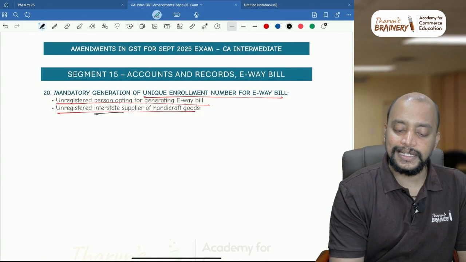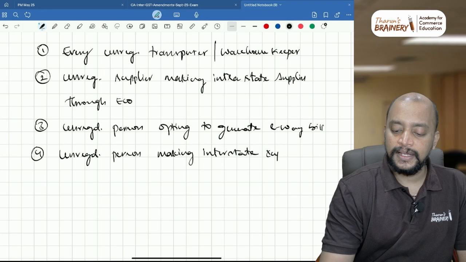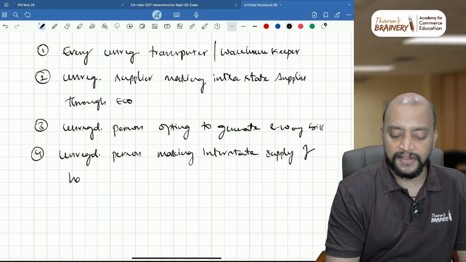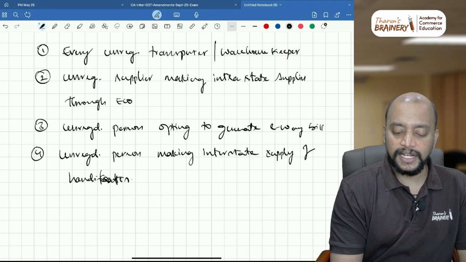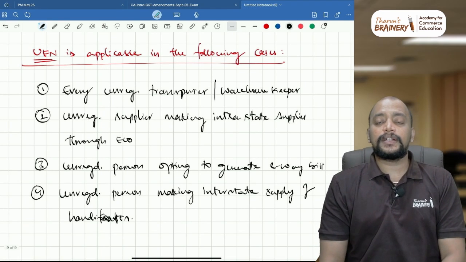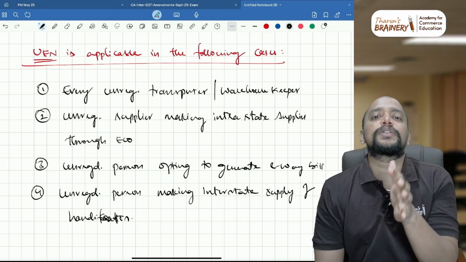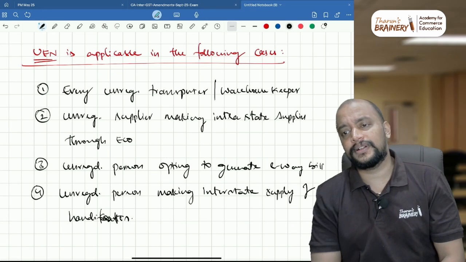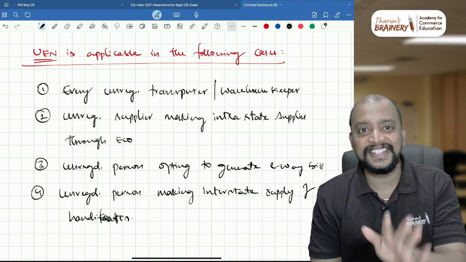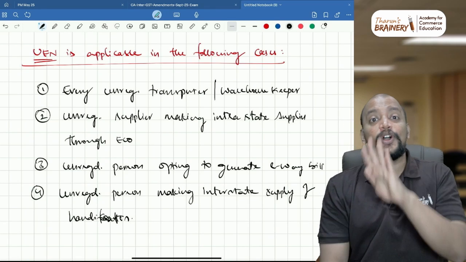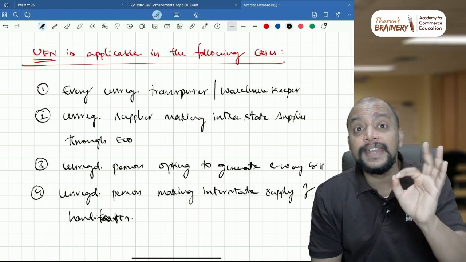So, these are the 4 people who are required to obtain a unique enrollment number from the portal. Just because they got a unique enrollment number, don't call them registered persons. They are treated as unregistered persons.